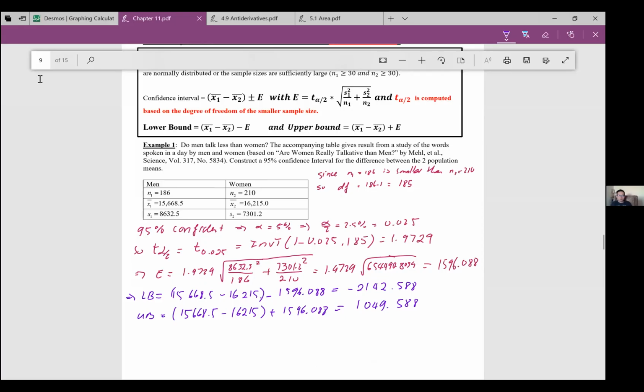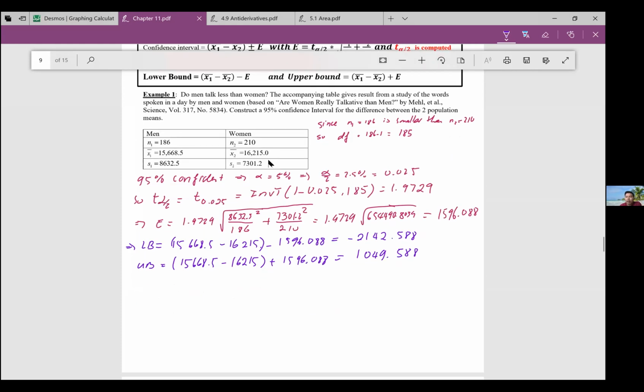So could you interpret the results of these bounds? Because I'm not too sure I understand what negative 2,140 means. Yeah, so for example, we are assuming that the man should talk the same amount as the woman per day, meaning that the center will be 0. But now with the margin of error, because we look at their differences, they could go less or more.